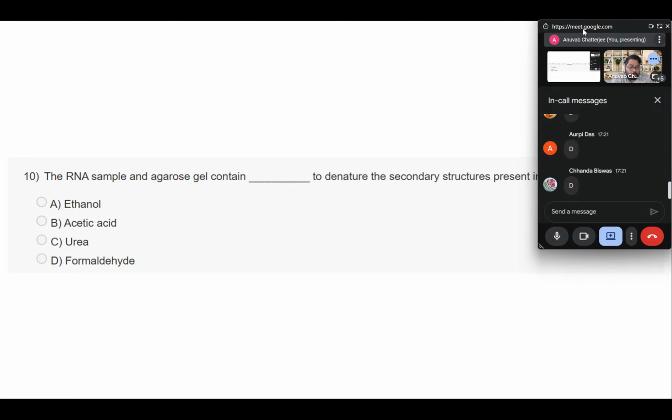Chanda also says formaldehyde. They also say D, formaldehyde.